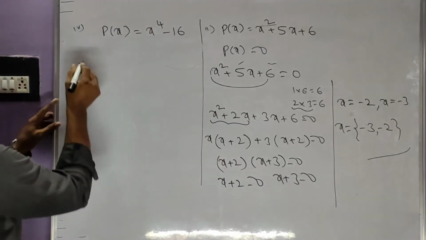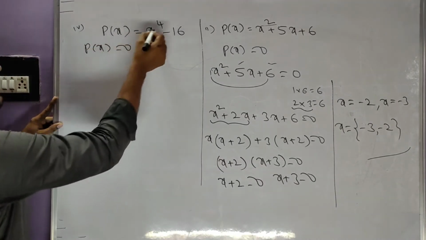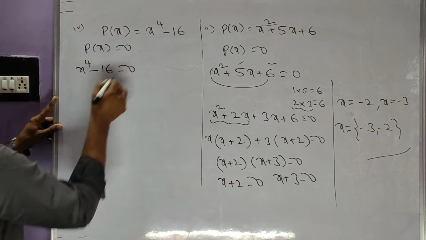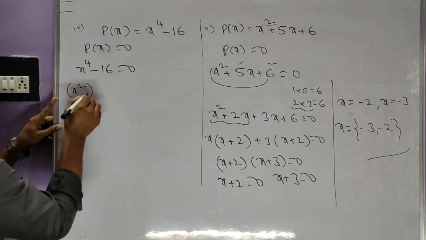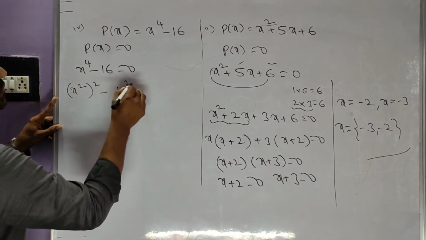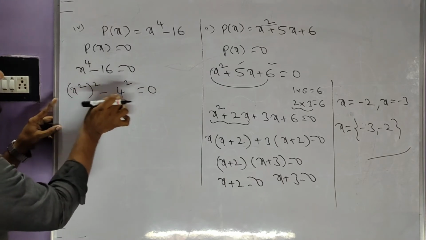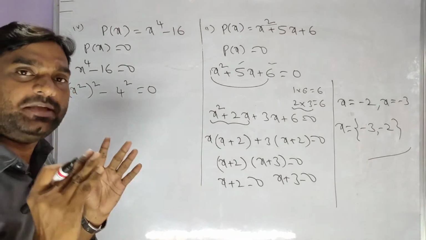Now make p of x equal to 0. What is p of x? x to the power of 4 minus 16 equal to 0. It can be written as (x square) whole square minus 4 square equal to 0. It is in the form of a square minus b square, and a square minus b square is (a plus b) into (a minus b).